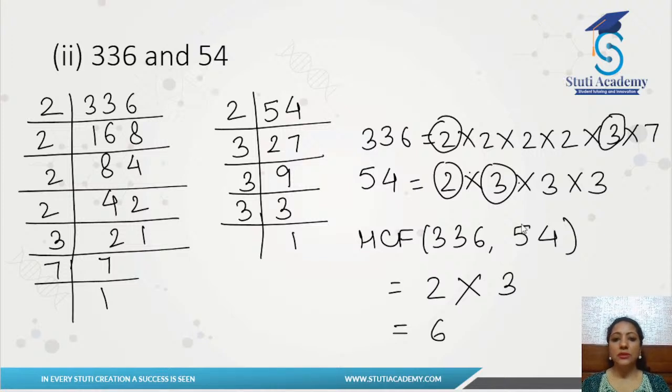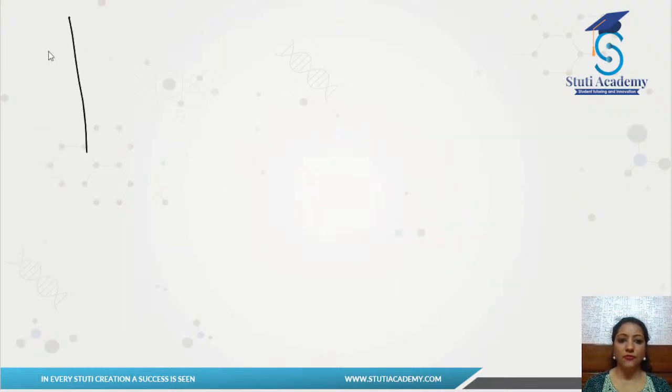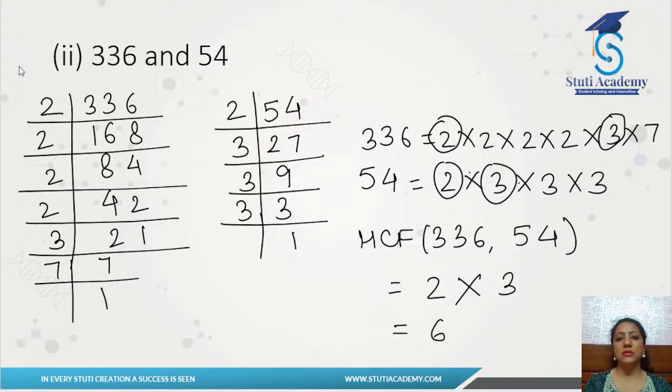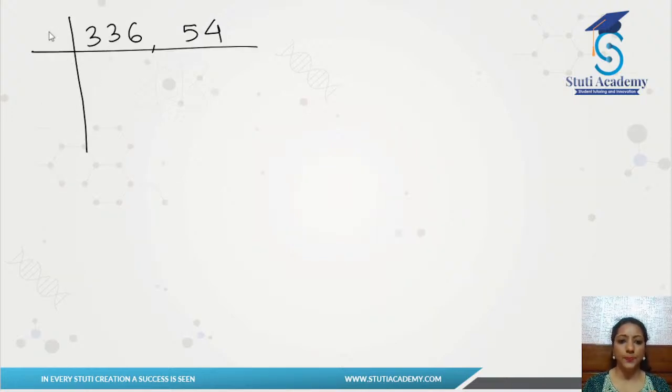Okay, now coming to the next step, we are going to solve for the LCM of 336 and 54. So we'll prime factorize 336 and 54. So for HCF, we do the prime factorization separately, and for LCM, we take both the numbers together. So both of these are divisible by 2.